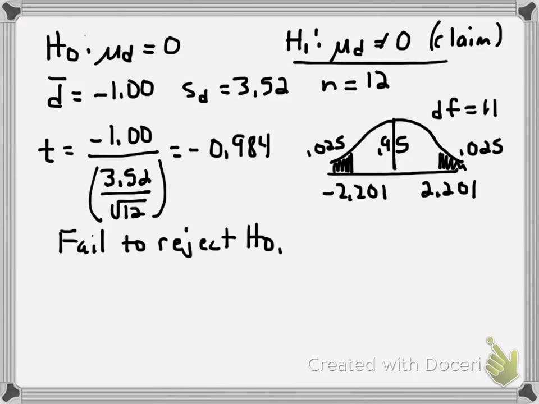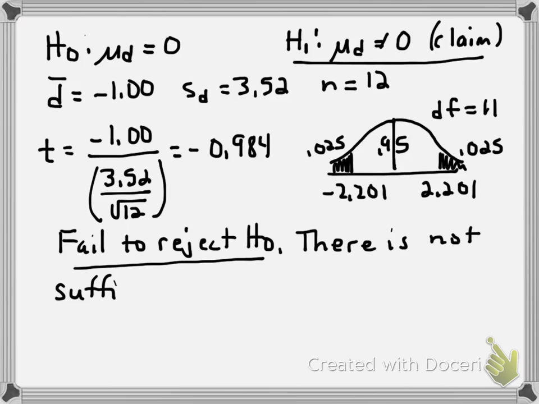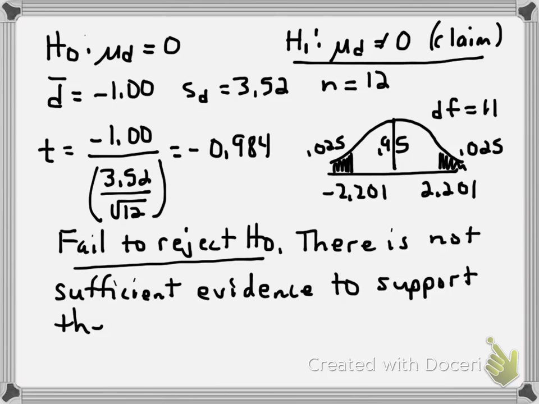The claim is with the alternative hypothesis, and we fail to reject the null hypothesis, so there is not sufficient evidence to support the claim that the mean difference is not equal to 0.